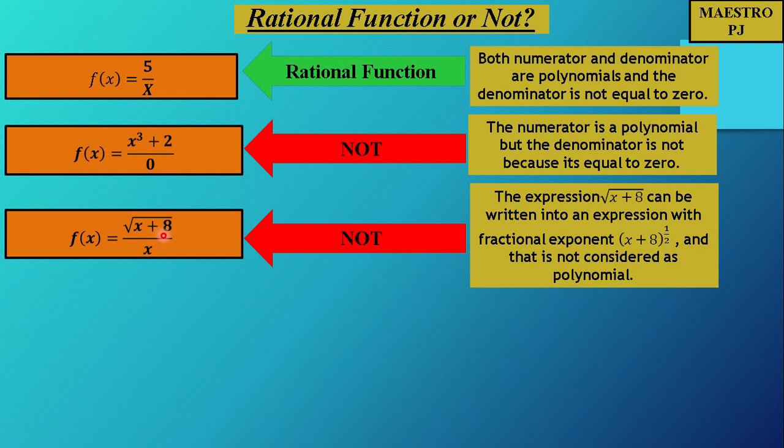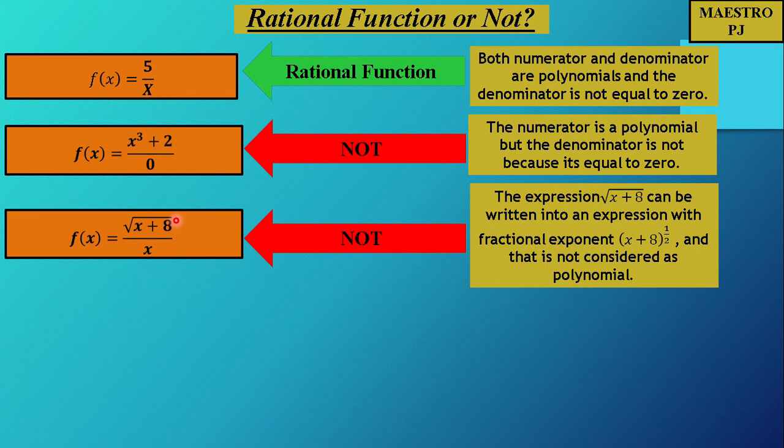Yan yung nasa ilalim or nasa loob ng radical sign. So kapag i-convert natin into an expression with fractional exponent, yung radicand magiging base. Kaya siya quantity x plus 8. Saan naman ang galing yung 1 half? Yung numerator na 1 na nandito, yan yung exponent or power ng radicand.